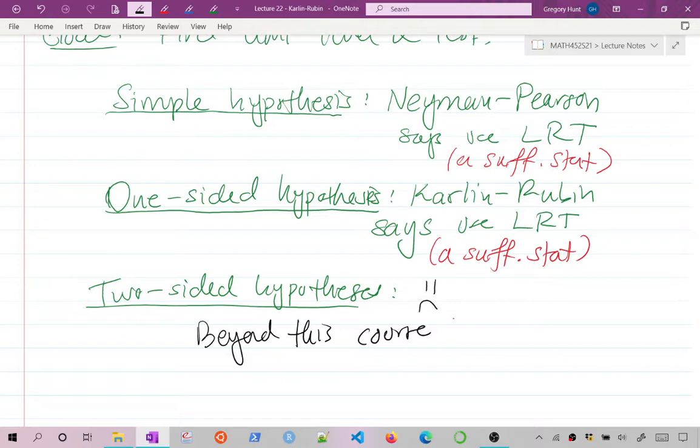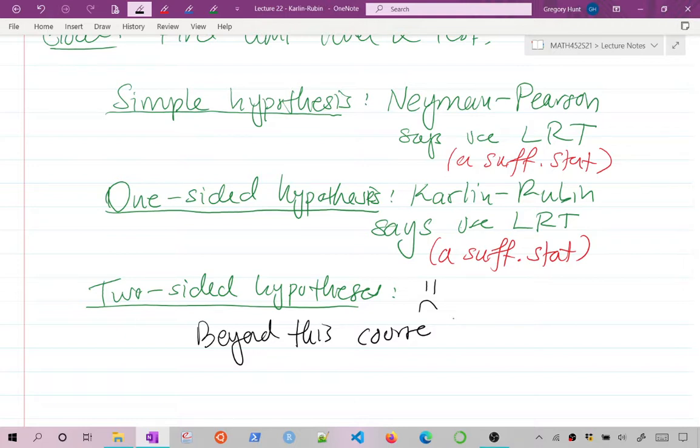It's a little bit more difficult. What typically people do is they talk about an unbiased test. So there are some more restrictive conditions on the test in order to restrict the set of tests so that we can actually find the best test among them.